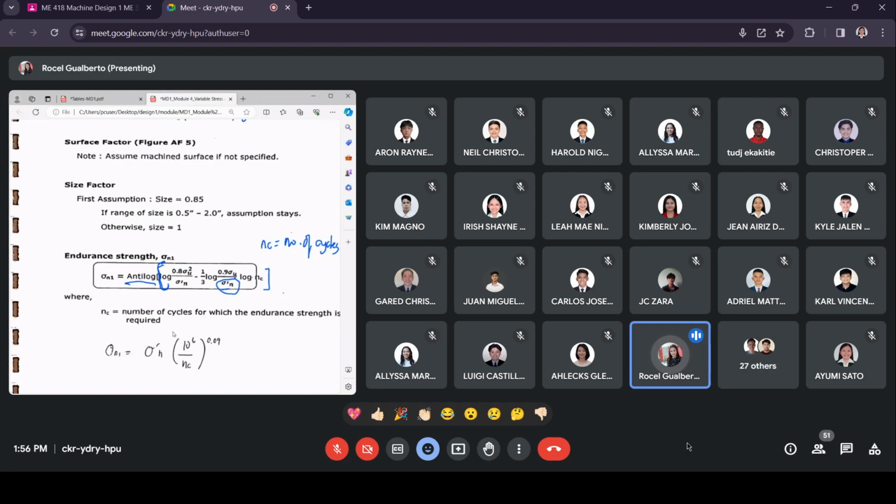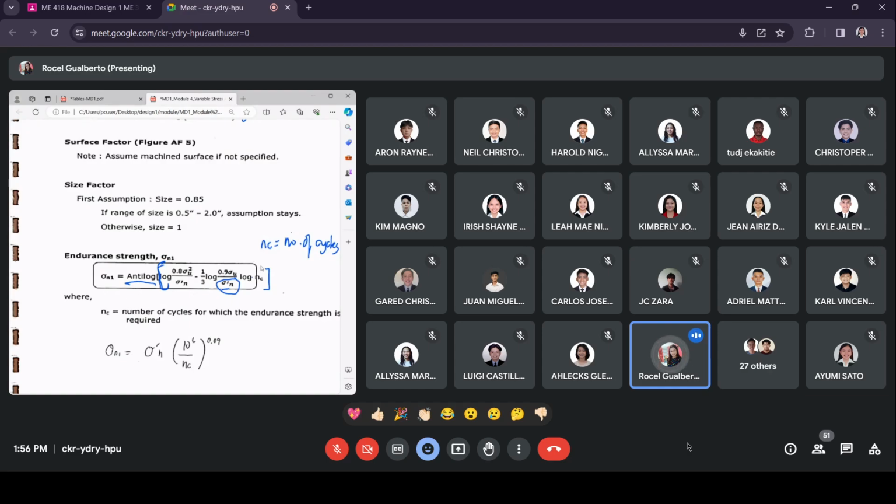Because they do not have the values of this log and antilog. Hindi ko na rin po pwede ituro sa inyo, kada isa, kung paano ba yan pipindutin sa calculator. Make sure you know how to use your calculator and where to find these functions on your calculator.